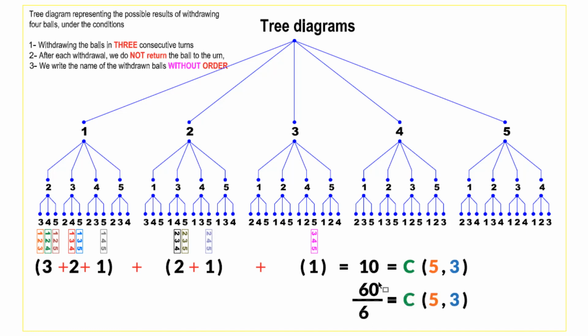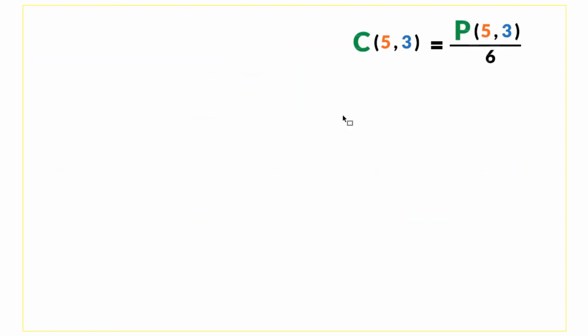It's the number of permutations without replacement divided by the number of repetitive sequences. So the 60 here represents permutation of 5 objects taken 3 at a time, and therefore we can write that P(5,3) divided by 6 is equal to C(5,3). And this combination is without replacement, and this permutation is also without replacement.